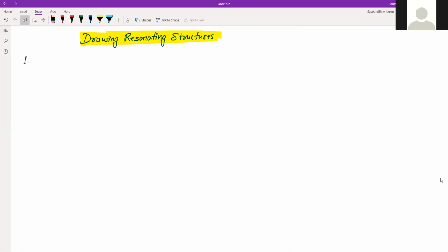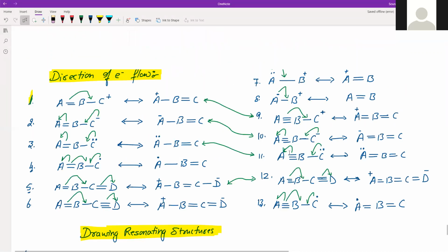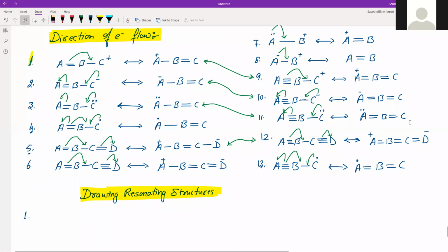So the bonded electrons, or the sigma bond skeleton, remain the same in all resonating structures. That should not change, and that's what we have already seen above in all these structures formed due to the delocalization of pi electrons.